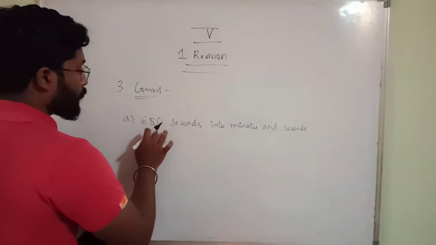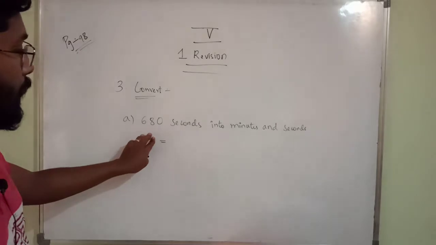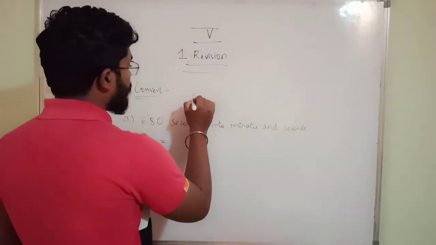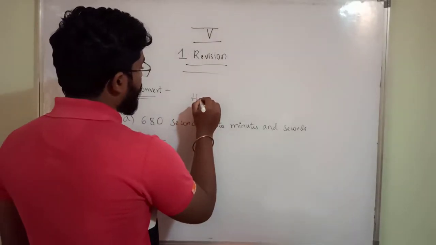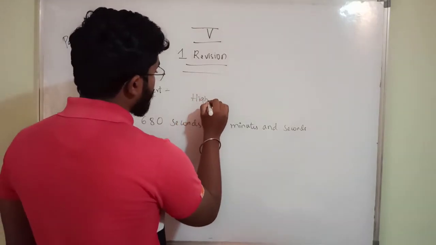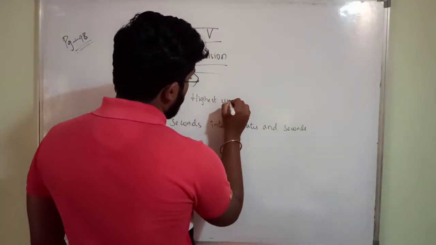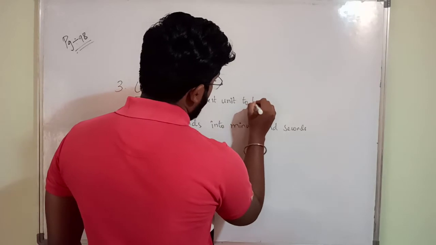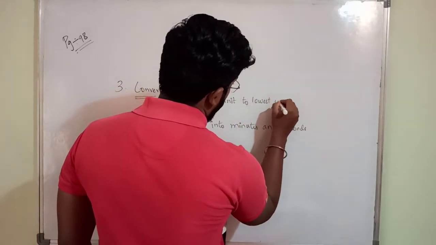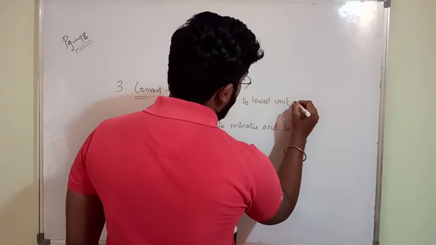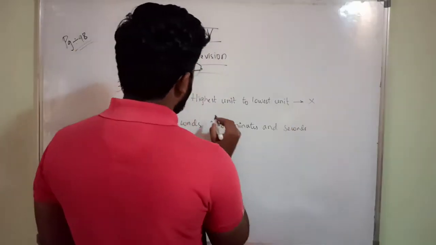So if you want to convert from highest unit to lowest unit, you have to do what? Multiply.